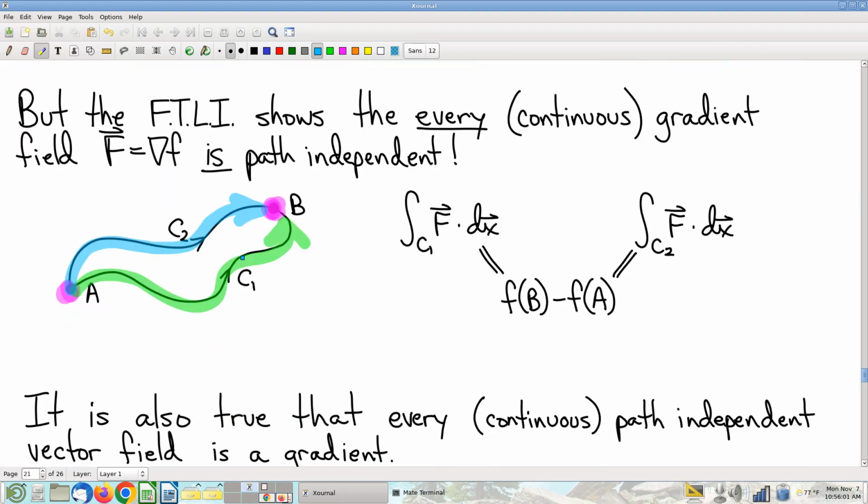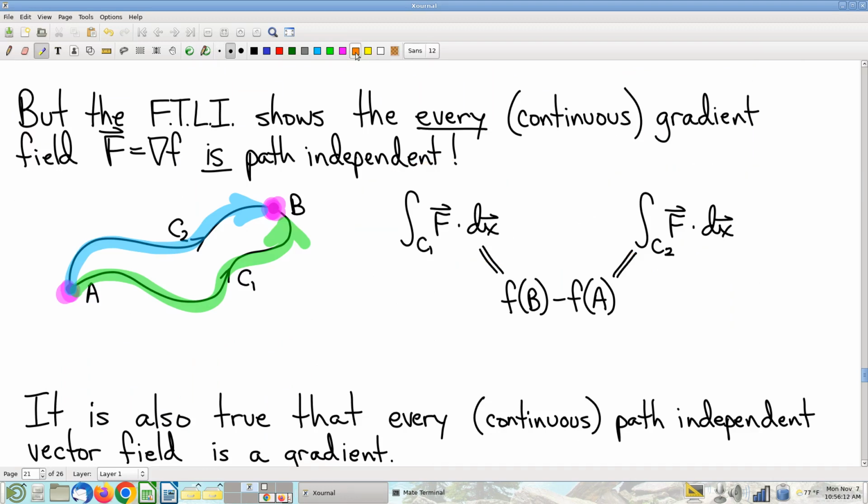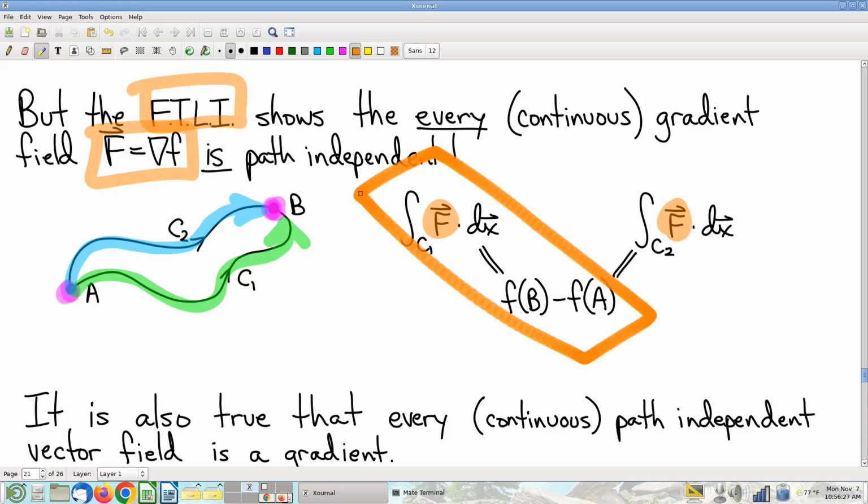But comparing this line integral to this line integral, again, you expect them to be totally different. Keep in mind, because my vector field is a gradient, I can write down the fundamental theorem of line integrals. It says that I can compute that integral by looking only at the endpoints, namely f of b minus f of a.